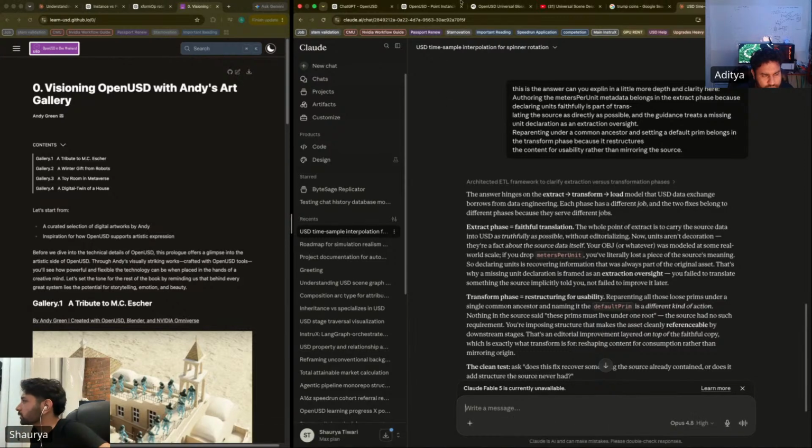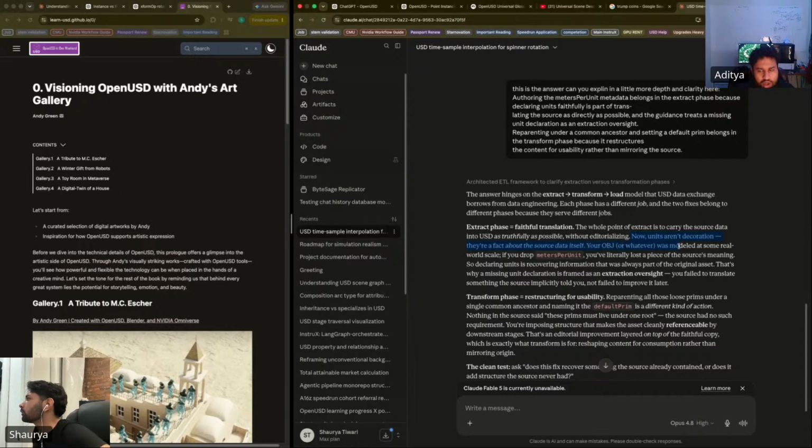Okay, the answer hinges on the extract-transform-load model that USD data exchange borrows from data engineering. Each phase has a different job, and the two fixes belong to different phases because they serve different jobs. Extract phase is faithful translation. The whole point of extract is to carry the source data into USD as truthfully as possible without editorializing it. Units aren't decoration, they're a fact about the source data itself.